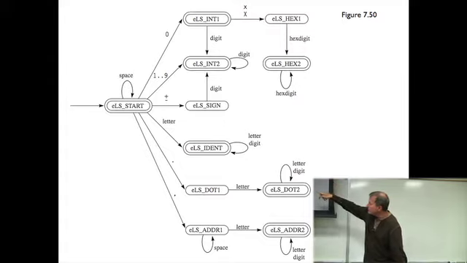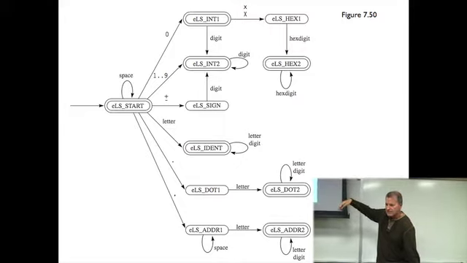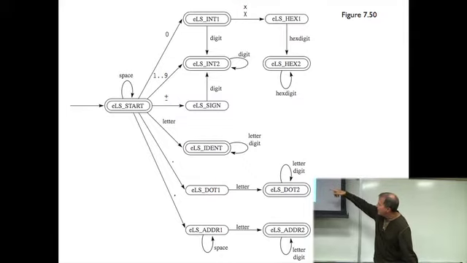So if we have a decimal integer and we start in the start state, and you asked about hex, in int 1 and hex 1. Okay, if it's a leading 0, you're going to go to int 1, and then if it's an uppercase or a lowercase x, you're going to go to hex 1, and then if it's a digit, you're going to go to hex 2.